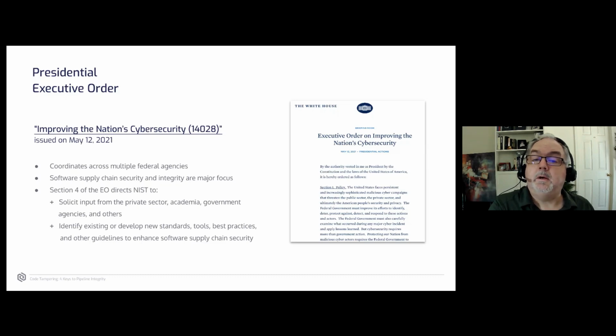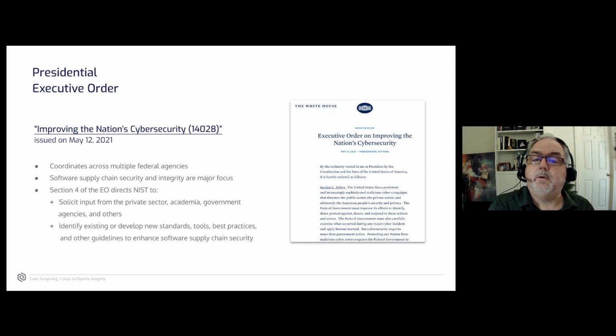Section 4 of the EO charged the NIST, the National Institute of Standards and Technology, with soliciting input from the private sector, academia, government agencies, and others to either identify existing or develop new standards, tools, best practices, and guidelines to enhance software supply chain security.